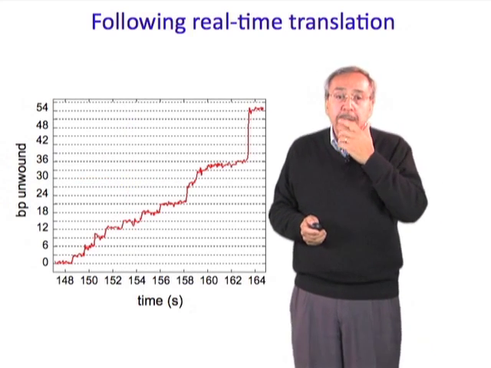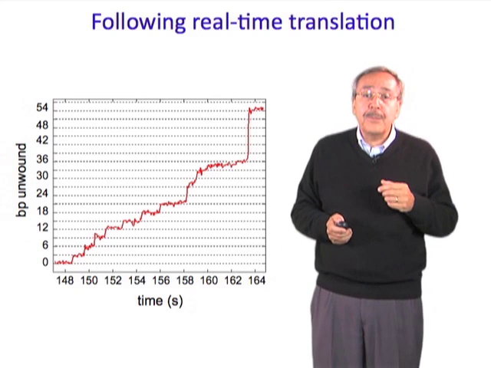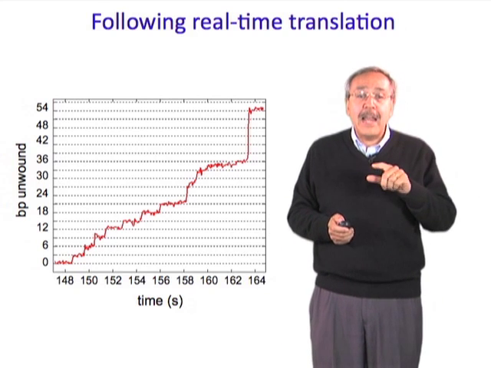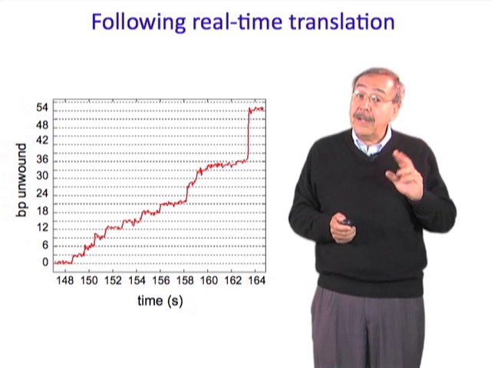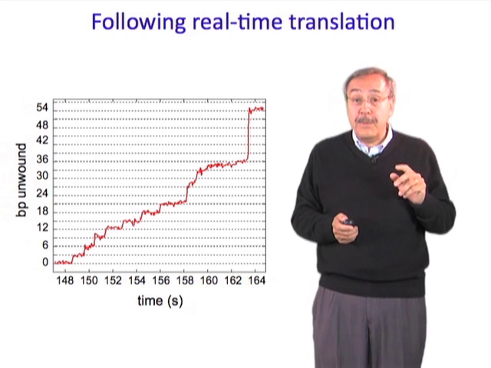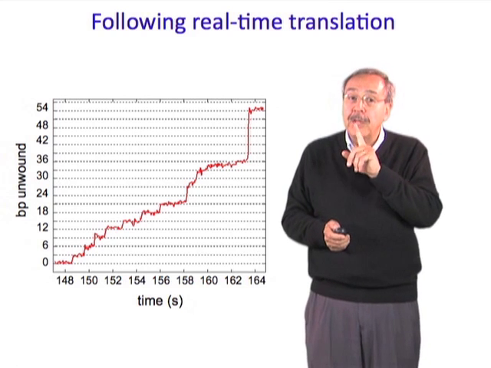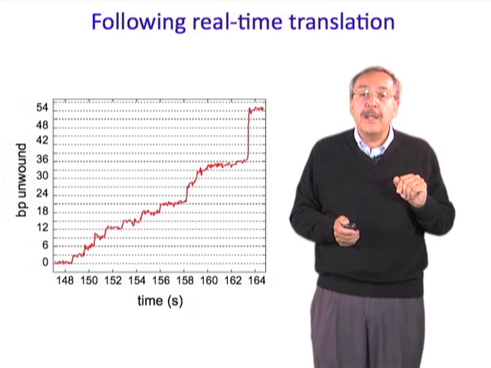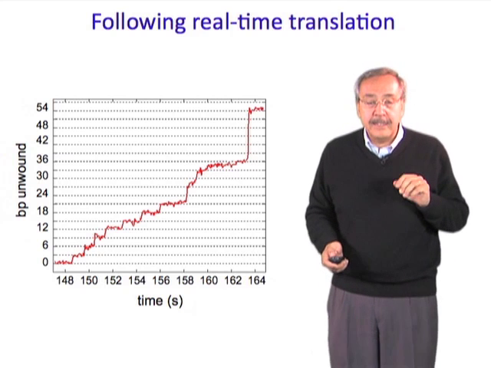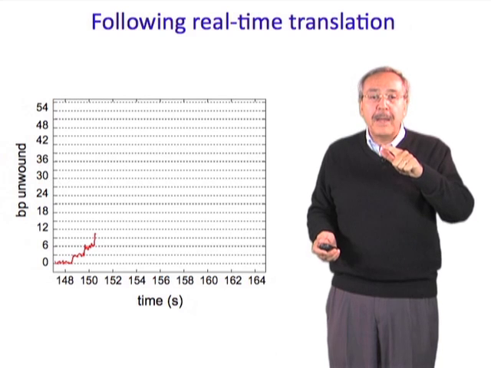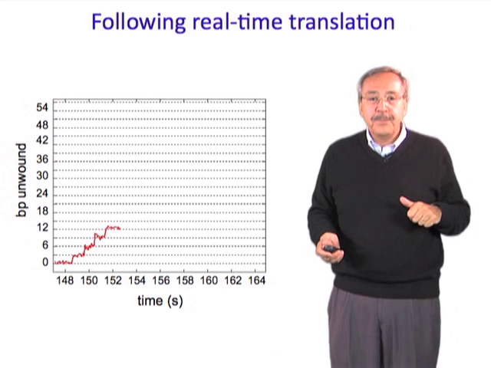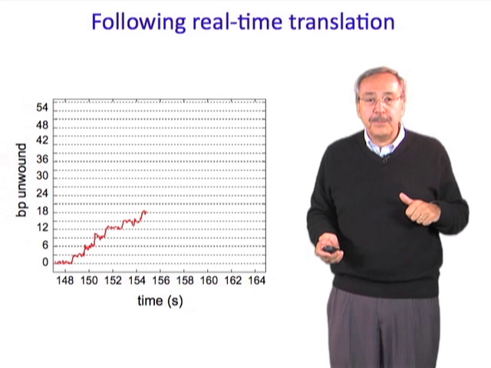And what you will see here is, in fact, translation by a single ribosome. The dashed lines in this plot are separated by 3 base pairs, and perhaps not surprisingly, but remember this is one single ribosome translating one single molecule of RNA. What we see is that the ribosome is in fact moving by one codon at a time. 3 base pairs, 3 base pairs, 3 base pairs every time.